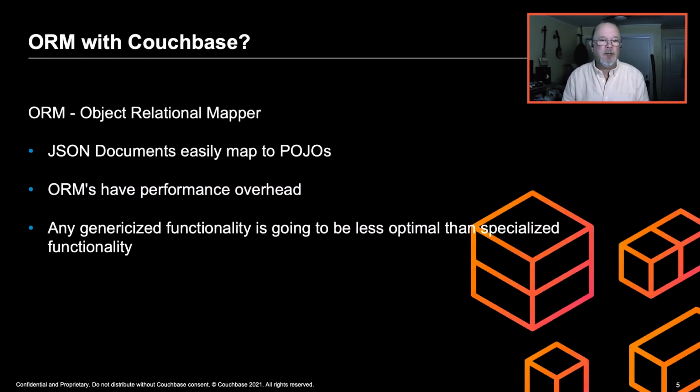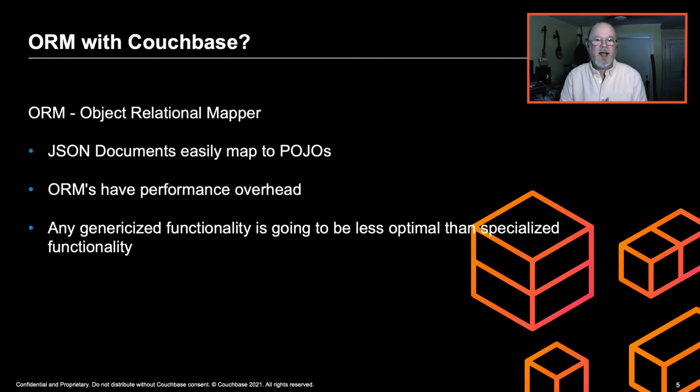So the first question is, why would you want to use this with a database like Couchbase? Because you usually store your data in Couchbase in a JSON document format, which directly maps to your POJOs. They can easily serialize and deserialize back and forth. So there is nothing to map between relational data and your data objects in your application.